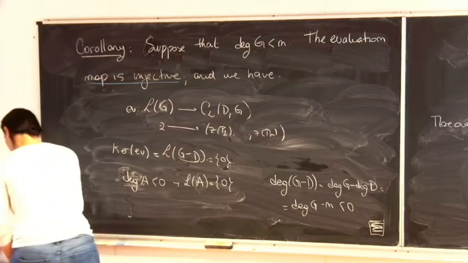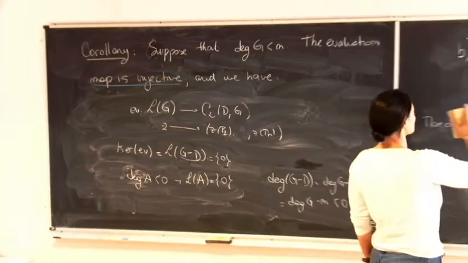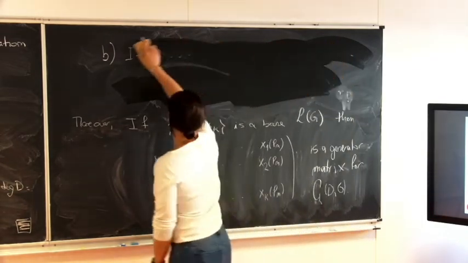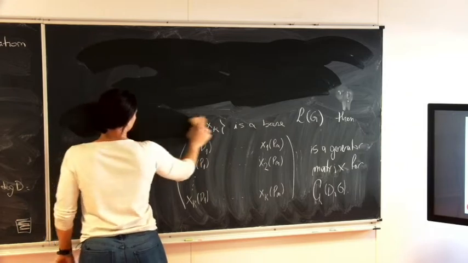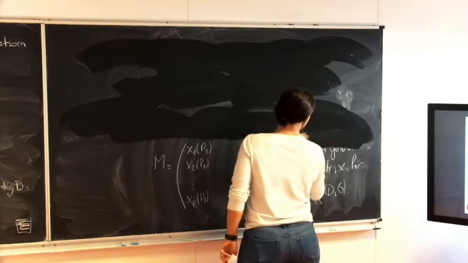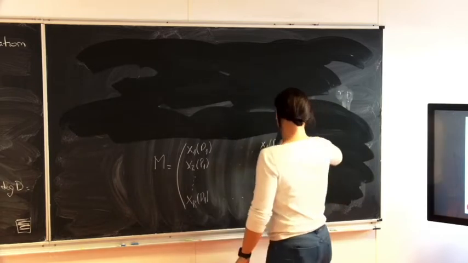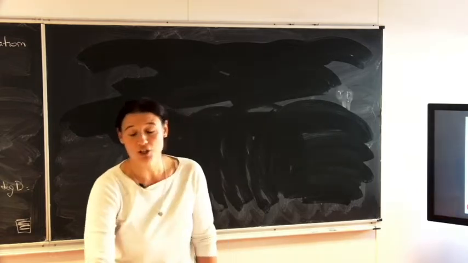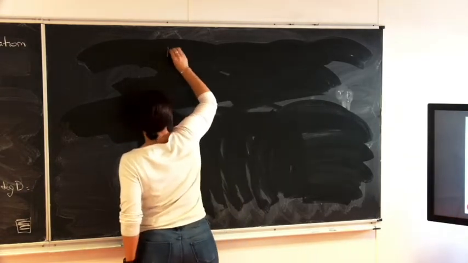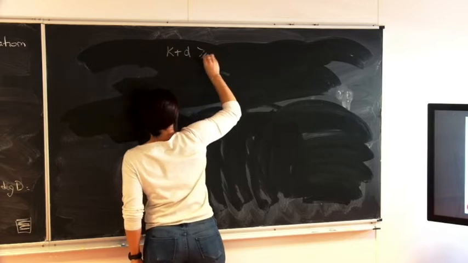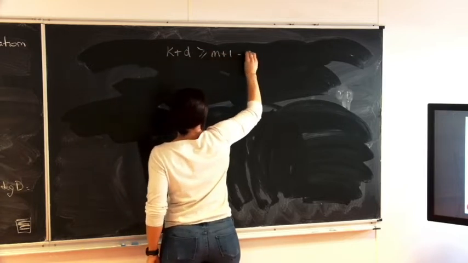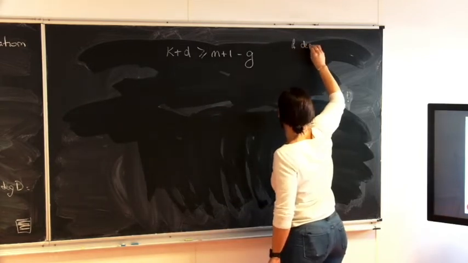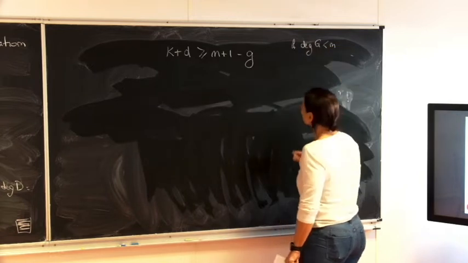So, a remark here. One word that I want to say is that, as I said, in this case, when the degree of G is strictly less than n, we have this bound for the dimension, and so we have that k plus d is greater or equal than n plus 1 minus the genus. This is if the degree of G is strictly less than n.